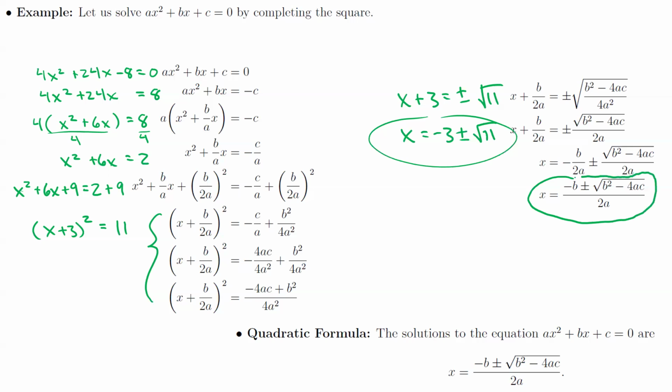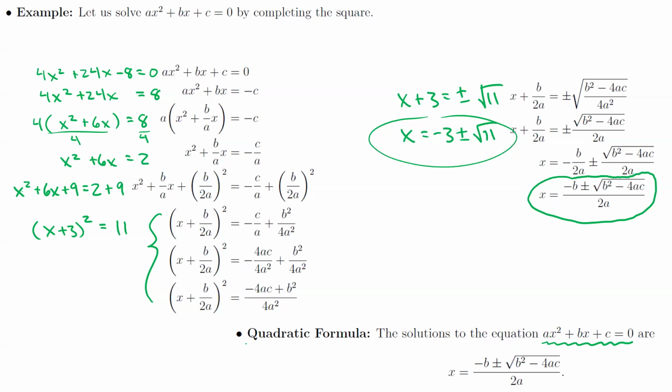So what that means is that we have now completed the square for any quadratic equation ever. So if we can look at a quadratic equation and put it in this form here, ax squared plus bx plus c equals 0, then what we know is that the solutions to that equation will have to follow this formula.